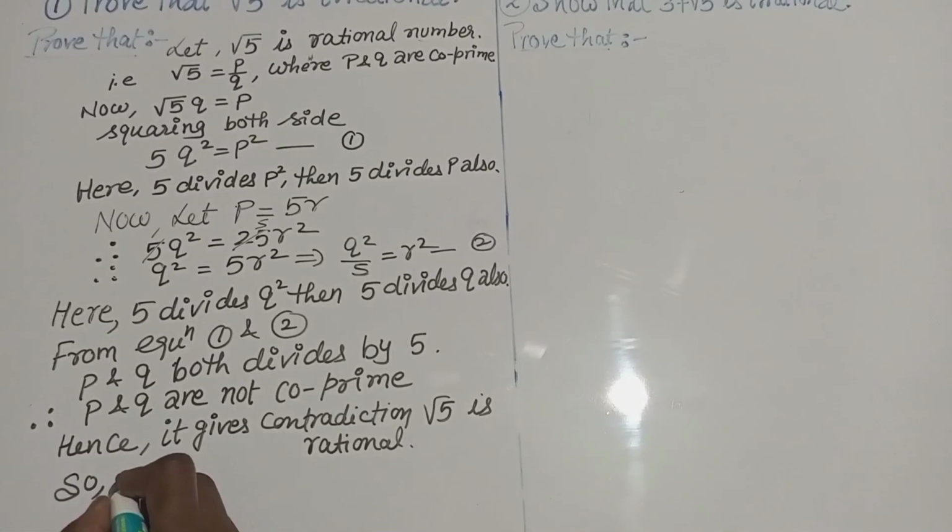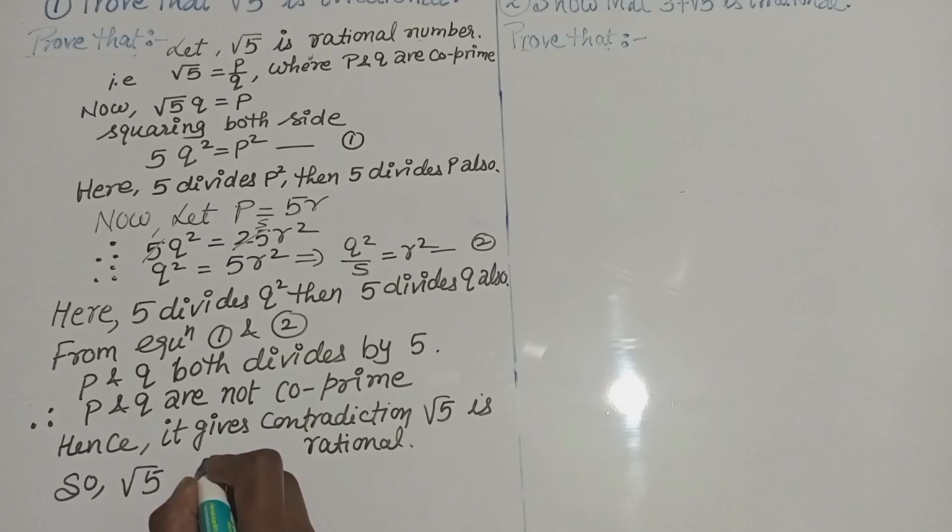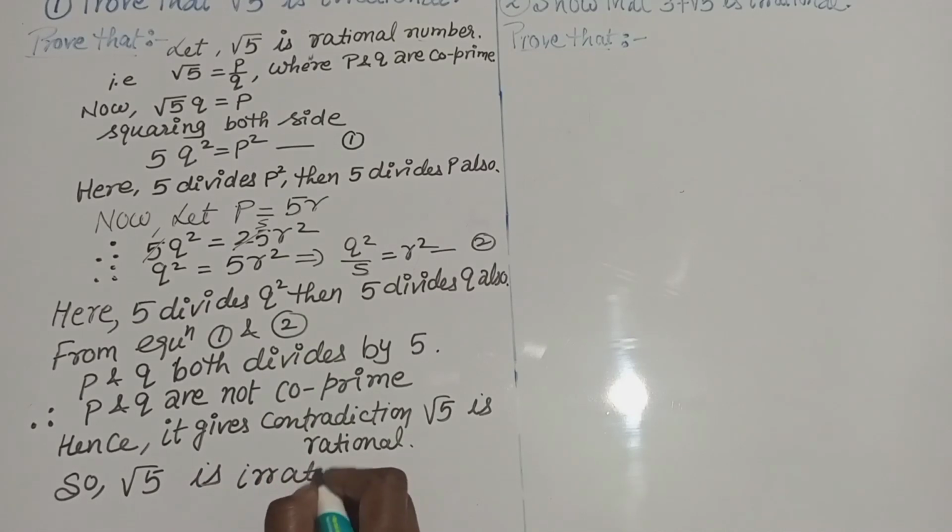So root 5 is irrational, because if it is not rational then it is irrational. Okay, any problem you have? This one is proved. I hope you have followed these steps, and you can pause this video and see the steps. Any confusion, say in the comment box.